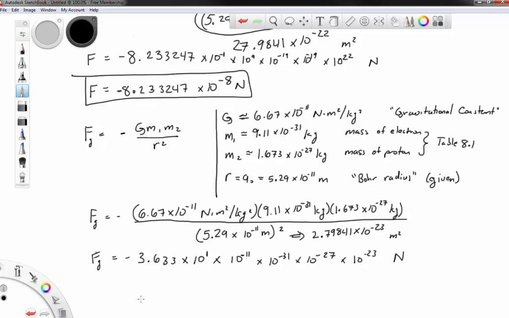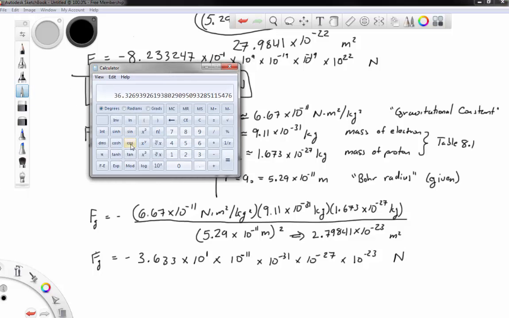So now we have to do some simple addition again. I'll just use the calculator to show you how to put those numbers in for some simple addition, because we're multiplying all these powers of 10.